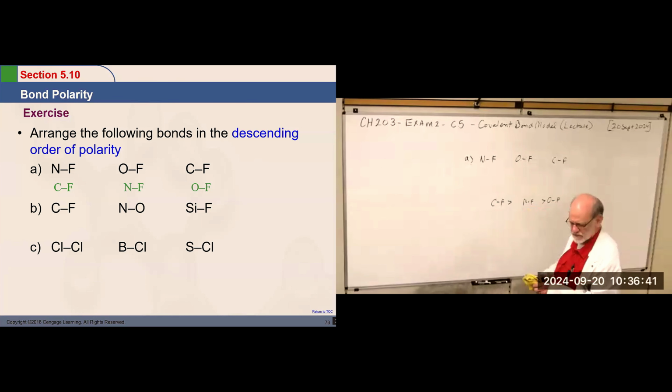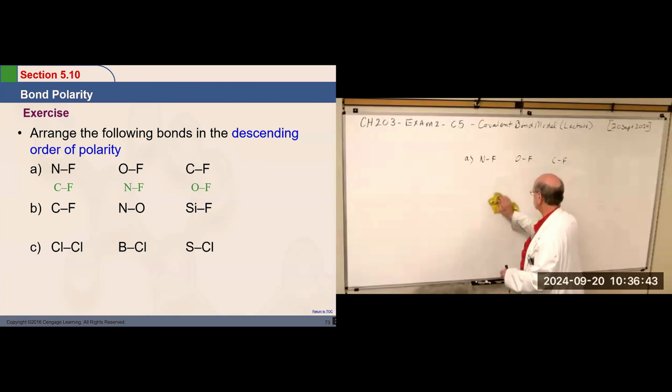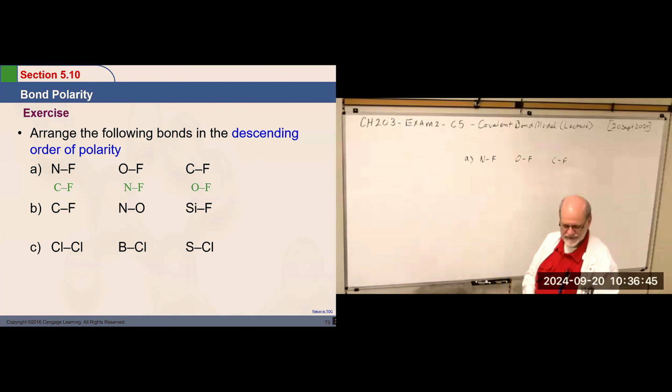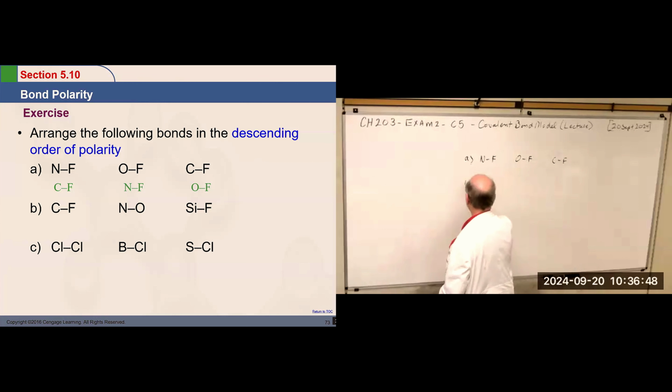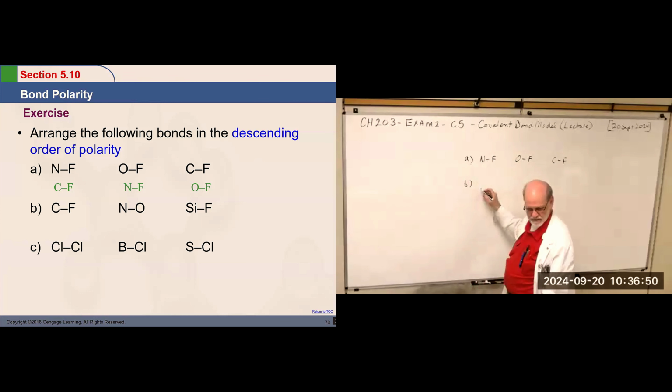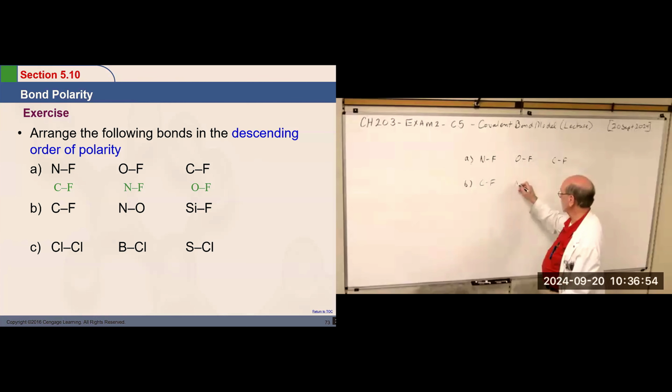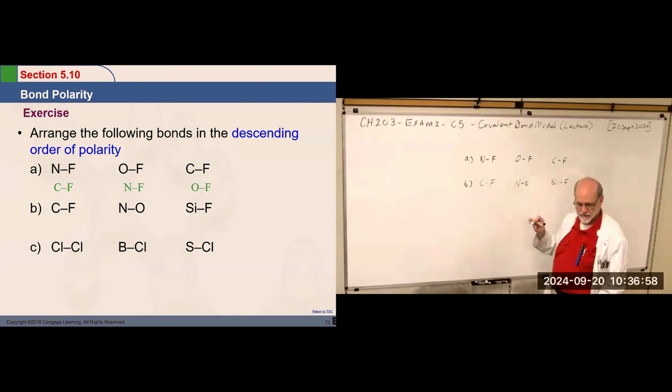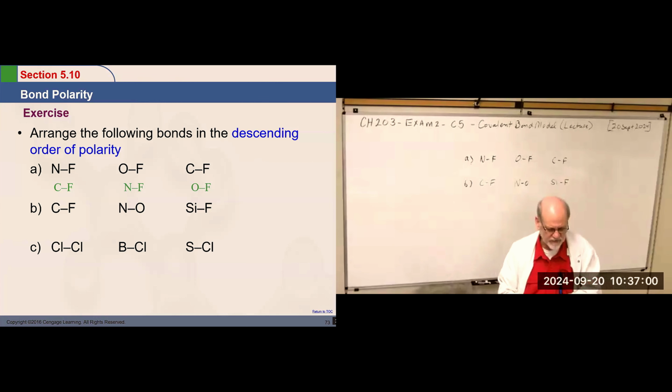Now the next one is a little more difficult because we've got different elements bound together. So we got carbon and fluorine again. We got nitrogen and oxygen and silicon and fluorine, correct? Okay. So for this one, we look at the distance between the two atoms. Carbon and fluorine is like 3 positions away.